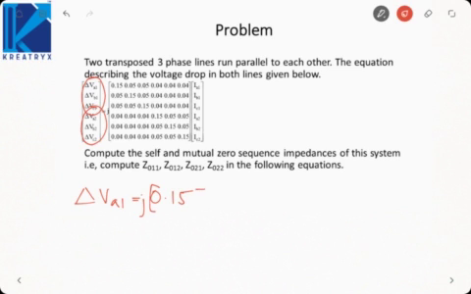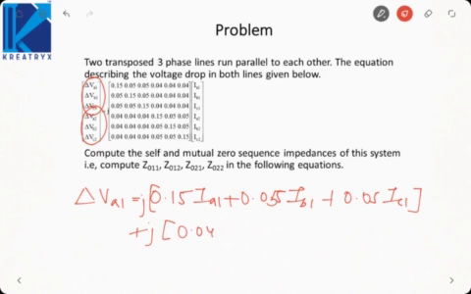j0.15 IA1, plus 0.05 IB1 plus 0.05 IC1, 0.04 IA2, 0.04 IB2, 0.04 IC2. Okay.